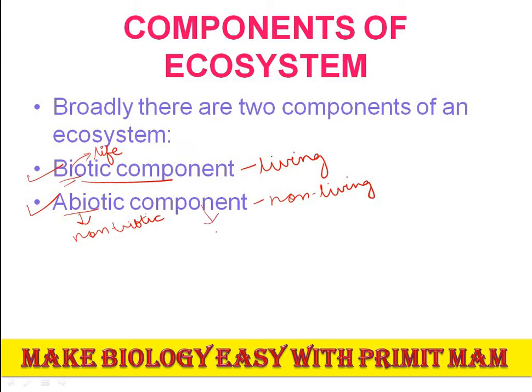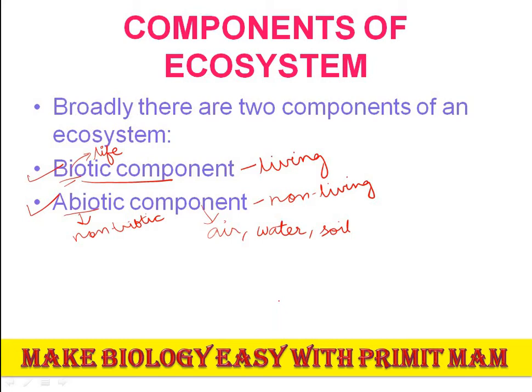That is air, water, soil. So, they form the abiotic component of the ecosystem. Once again, example, forest ecosystems, abiotic components are soil, water, air.